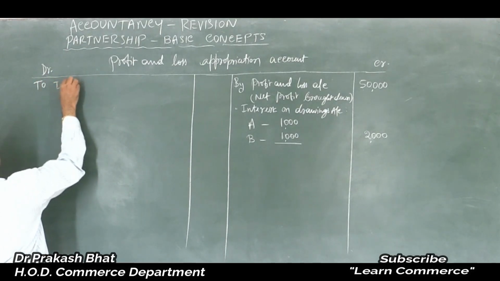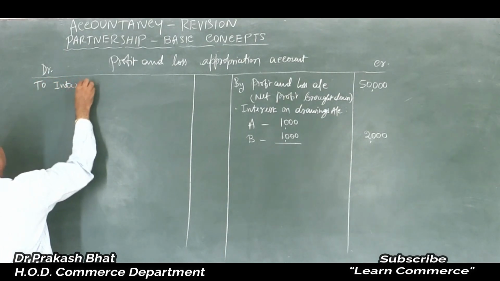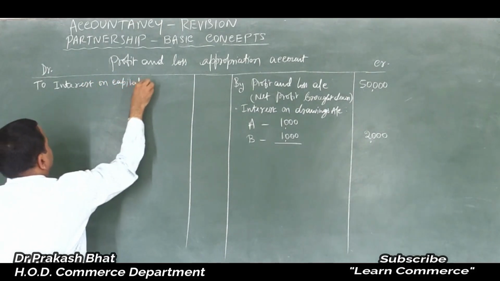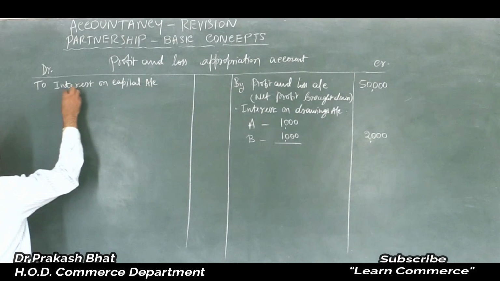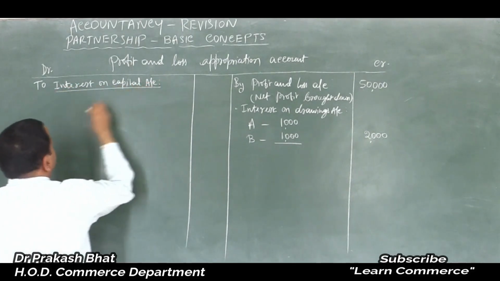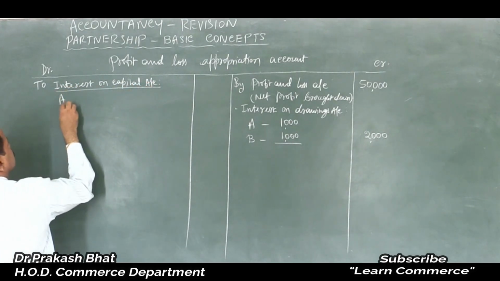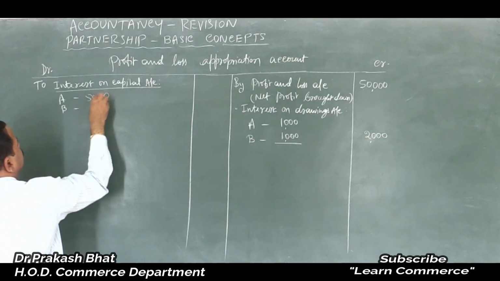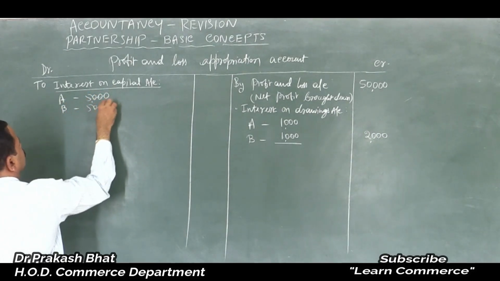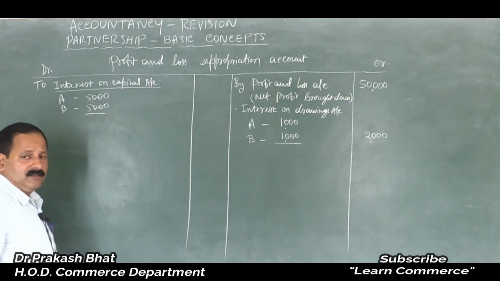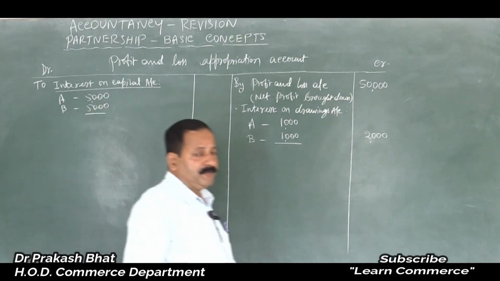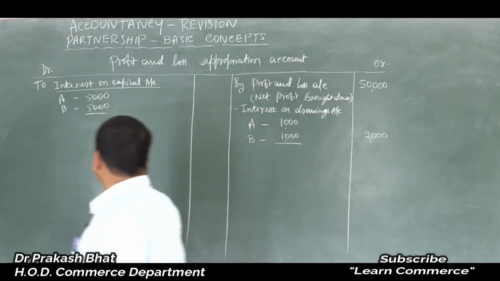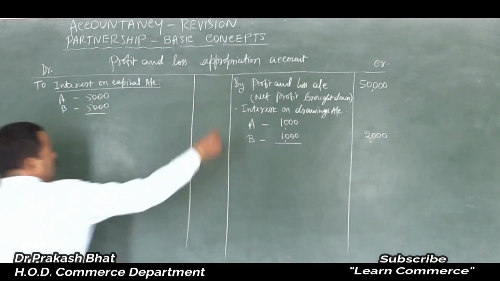to interest on capital account. Under that, A and B, suppose equal capital, maybe 50,000 each, and 10% interest on capital. Then we will get 5,000 each, 10,000.